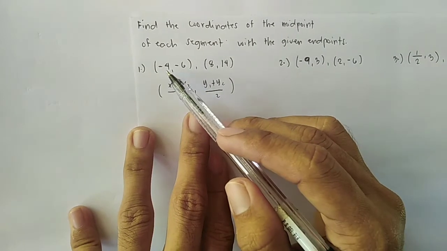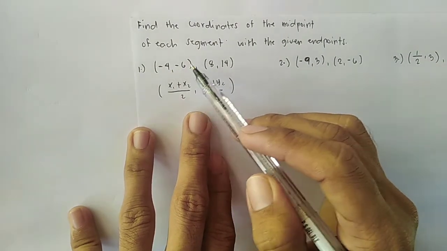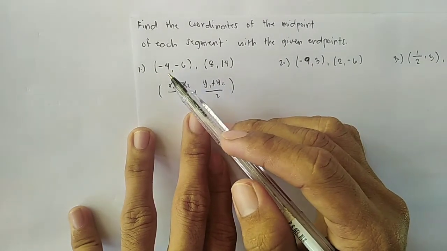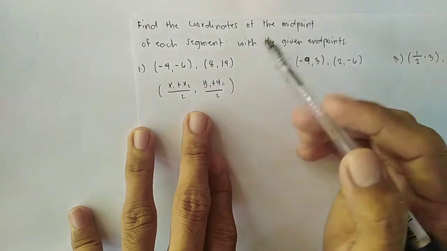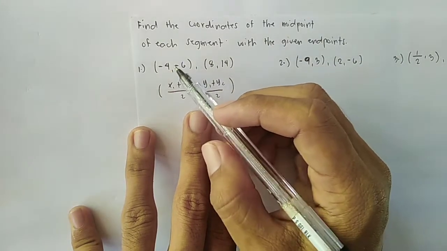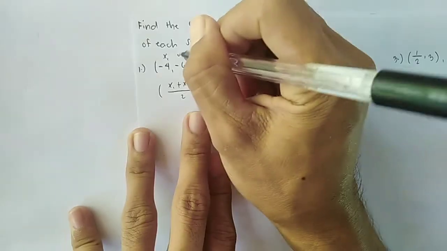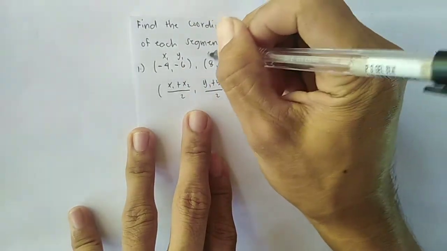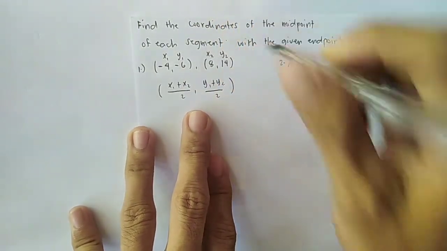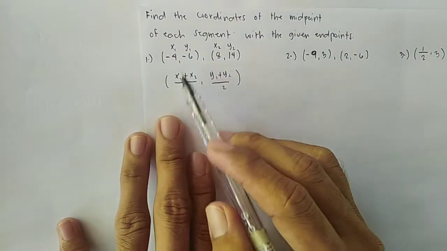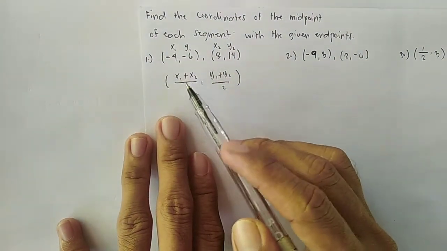Identify from the given endpoints which values are x sub 1, y sub 1, x sub 2, y sub 2. The first ordered pair should be x sub 1, y sub 1, and the second will automatically be x sub 2, y sub 2. We can directly substitute the given values in our formula.